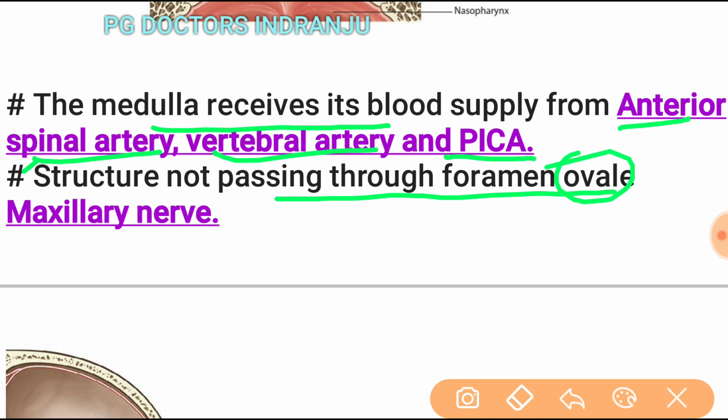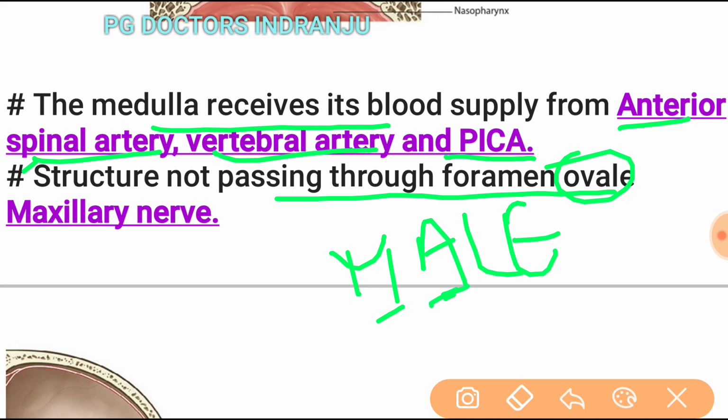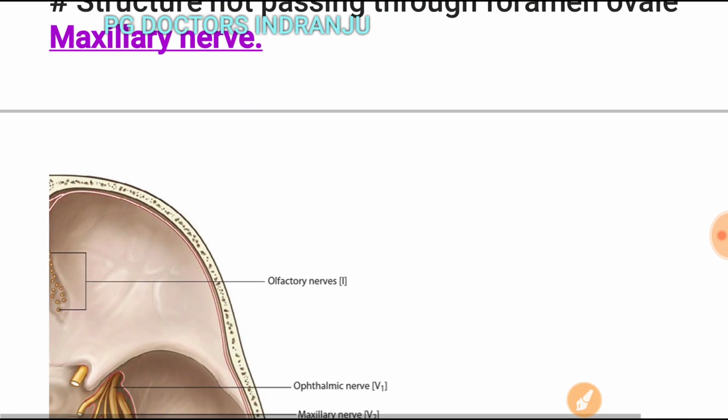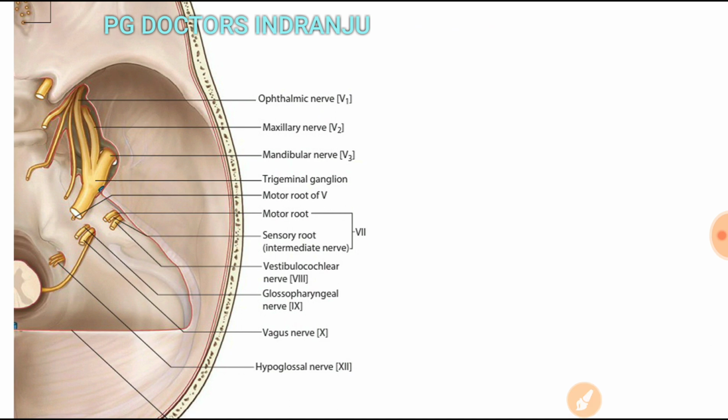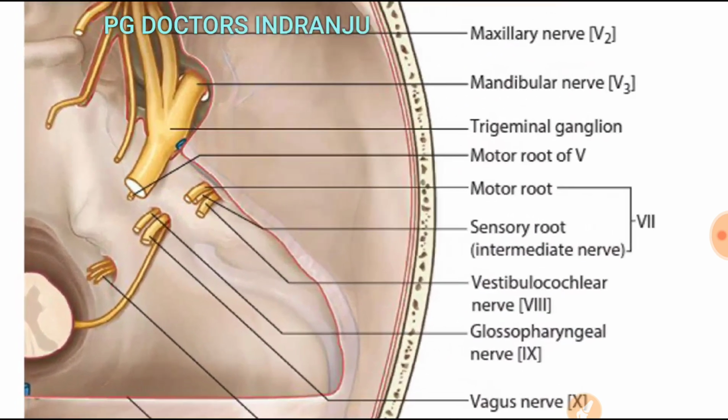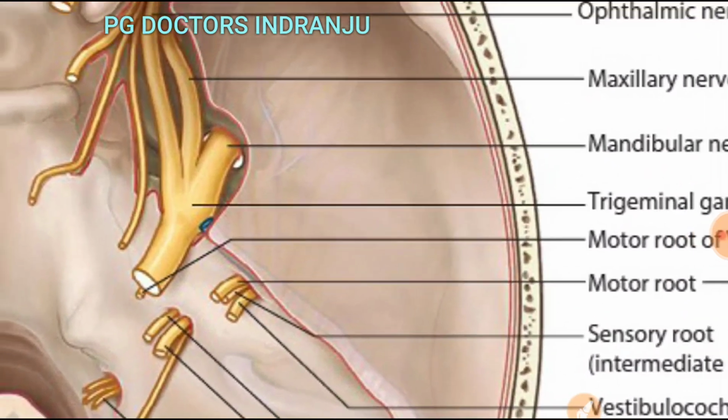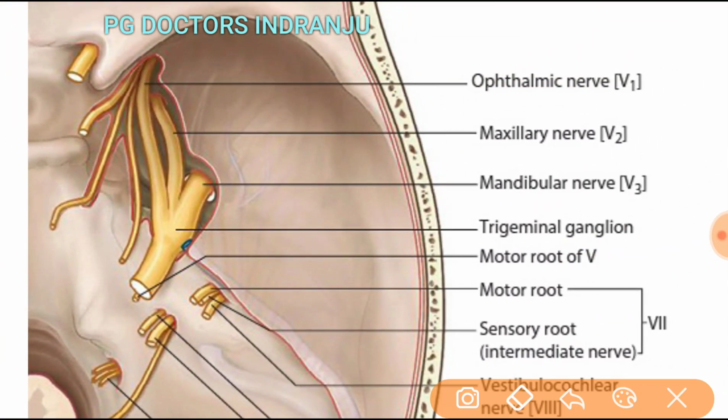There is a trick for what passes through the foramen ovale: M4, mandibular nerve, accessory meningeal artery, emissary vein, lesser petrosal nerve.